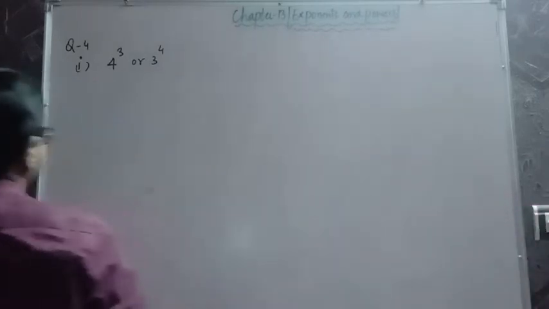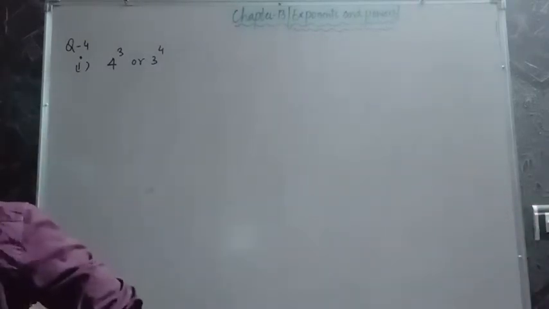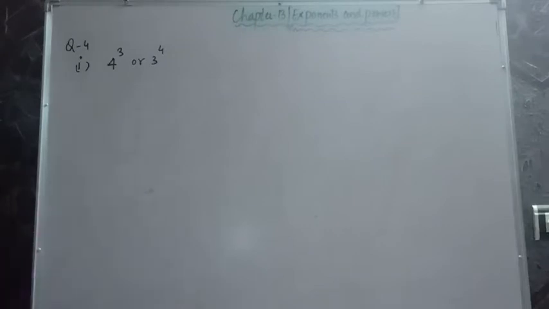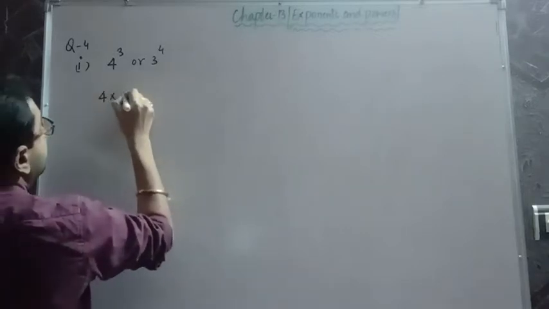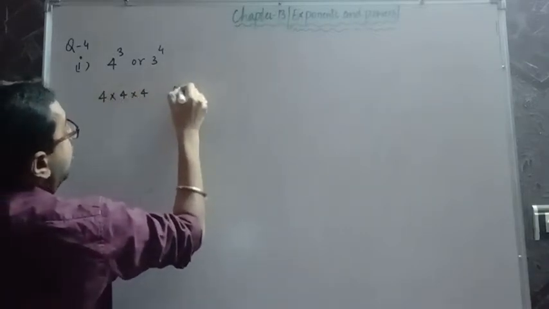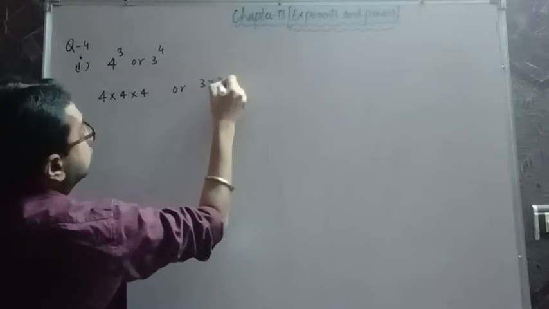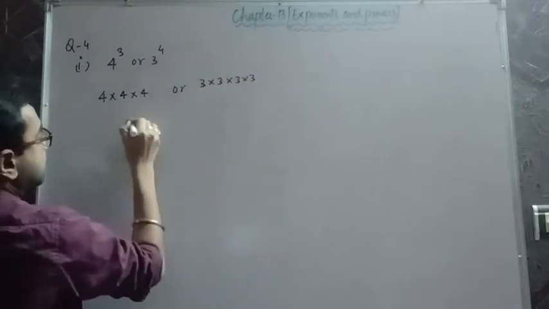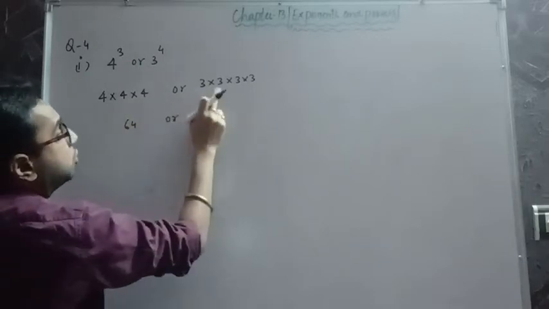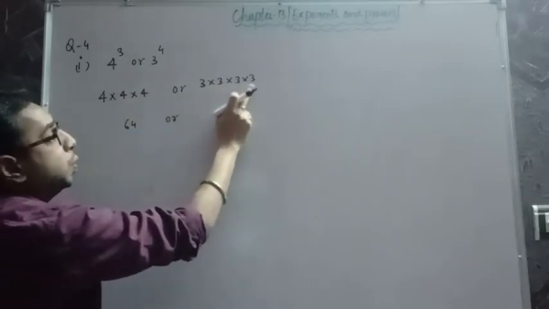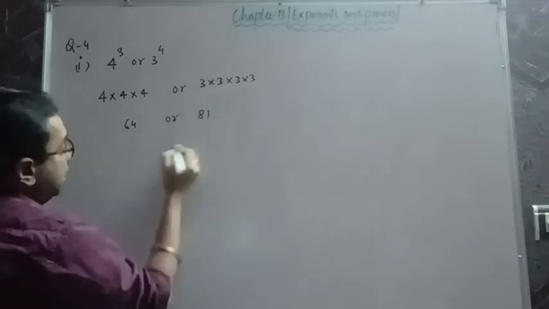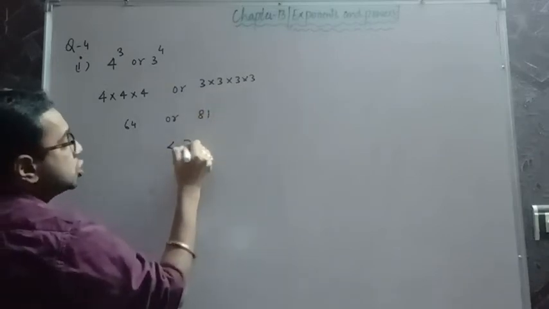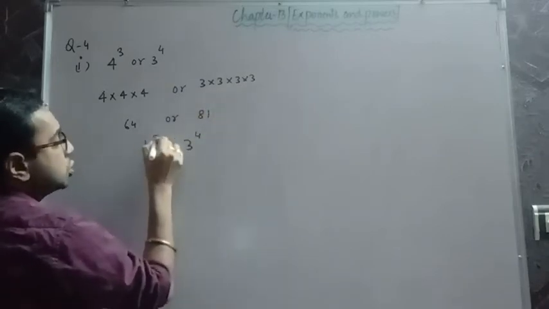So let's solve it with another method. 4 raised to power 3 means 4 into 4 into 4, or 3 raised to power 4 means 3 into 3 into 3 into 3. 4 into 4 is 16, 16 into 4 is 64, or 3 into 3 is 9, 9 into 3 is 27, 27 into 3 is 81, which is bigger, 81. Therefore 3 raised to power 4 is greater than 4 raised to power 3.